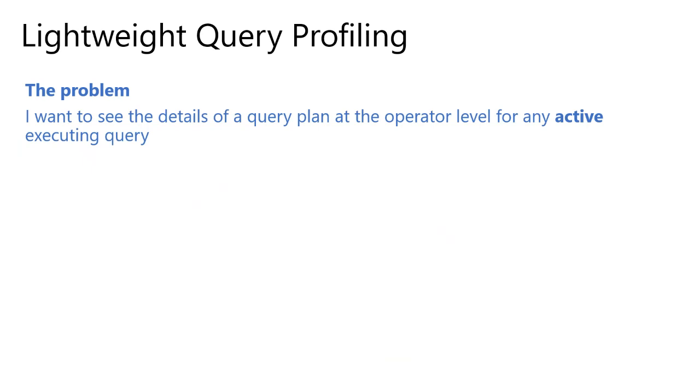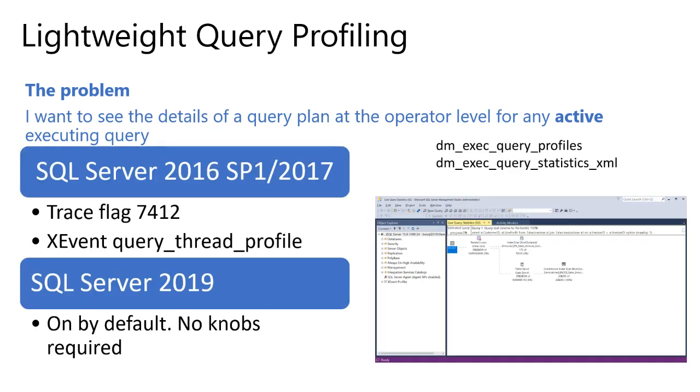Well, with lightweight query profiling, now Microsoft in SQL Server 2019, by default, for every single process that is running within the SQL Server, you will have the estimated query progress, a number which is a percentage which goes from 0 to 100%. So you will see at which point of the execution you are at.